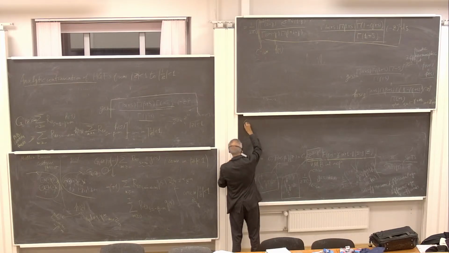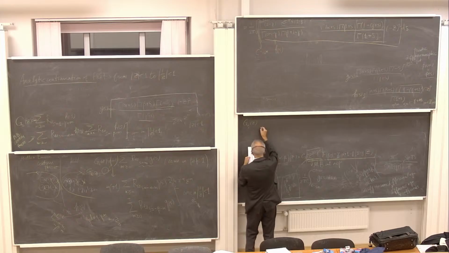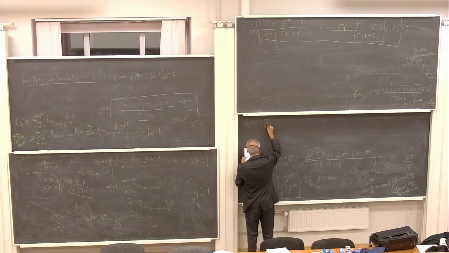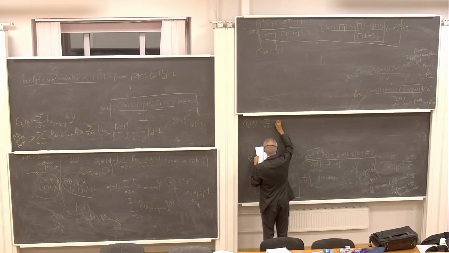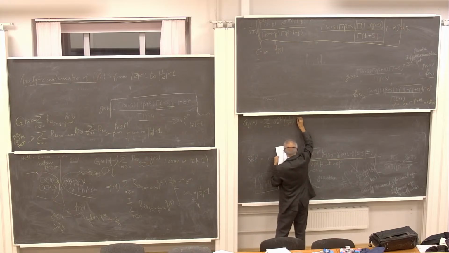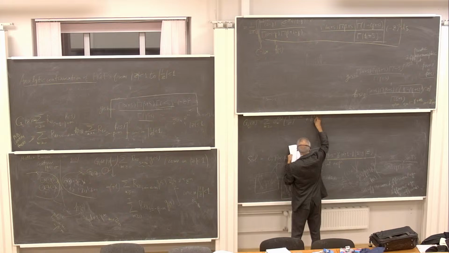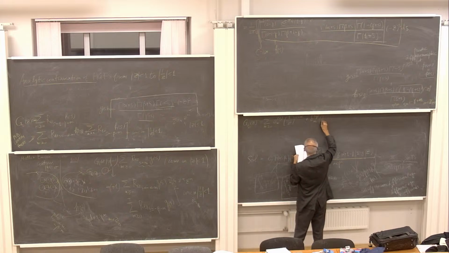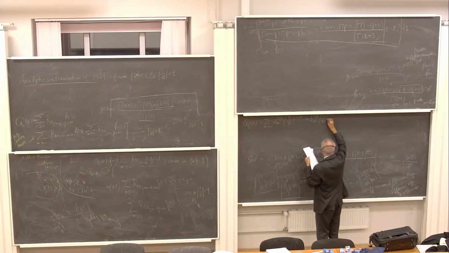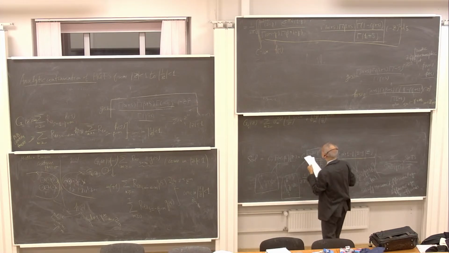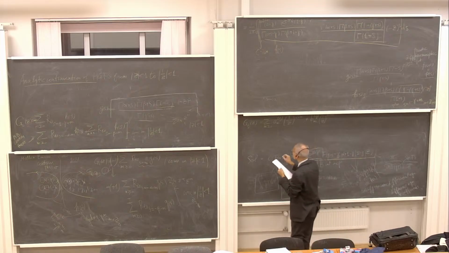So GJ of z, the Jacobi 1 and 2, has some expansion of this kind, for J equals 1 and 2.